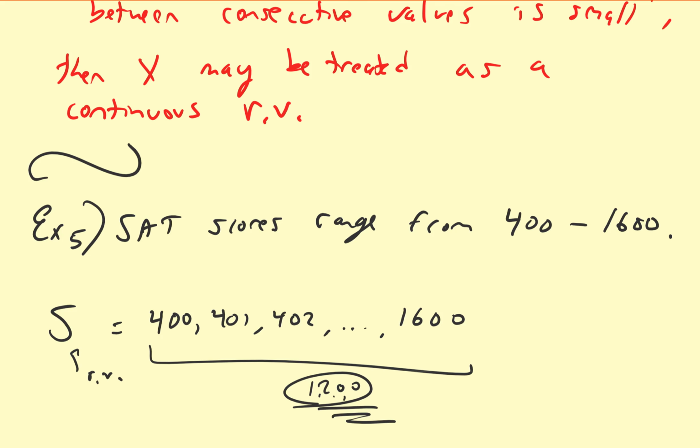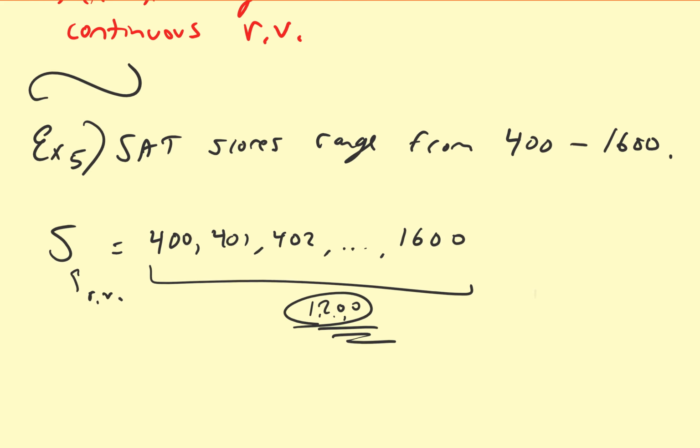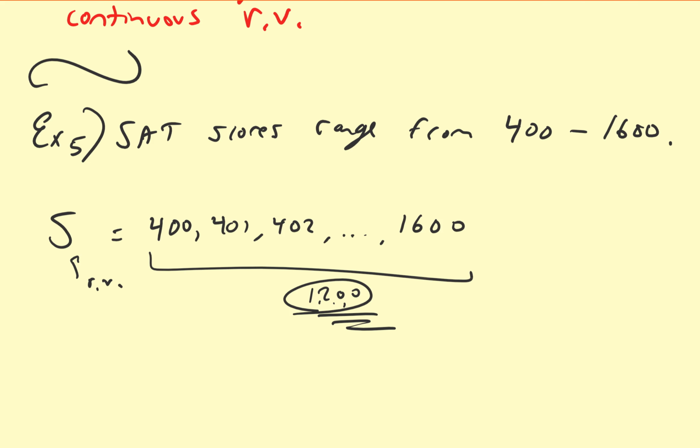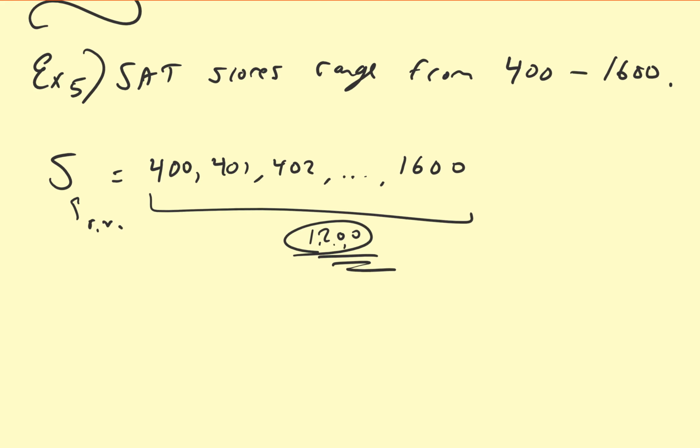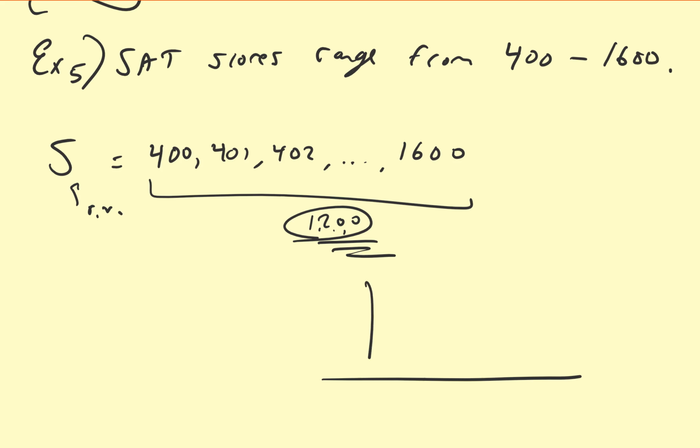So since these values are so many, the distance between them is going to be small compared to the total of it all, because it's going to be less than 0.001% between the two. Since those are really close together, and if I were to actually graph the frequency distribution of these scores, then these values would be really close to each other.